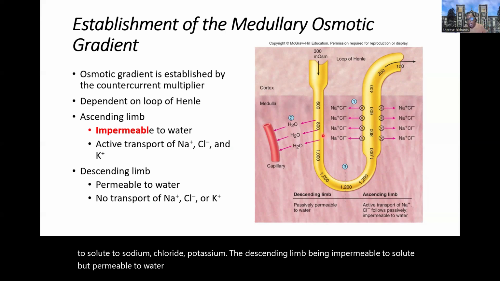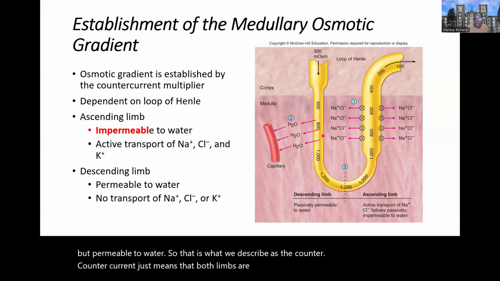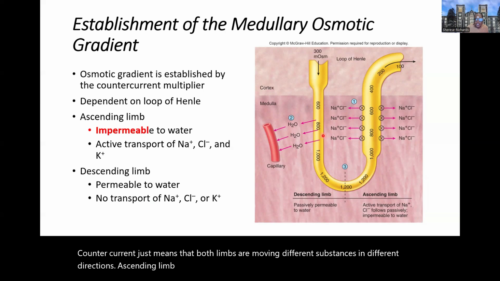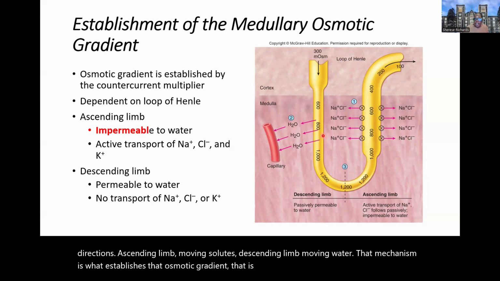That is what we describe as the countercurrent. Countercurrent just means that both limbs are moving different substances in different directions. Ascending limb moving solutes, descending limb moving water. That mechanism is what establishes that osmotic gradient. That is why the osmolarity gets higher the lower into the medulla we go.